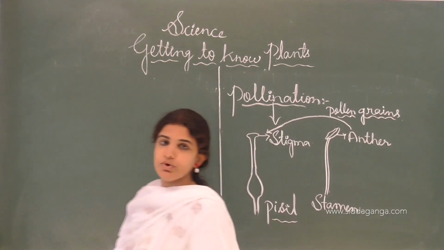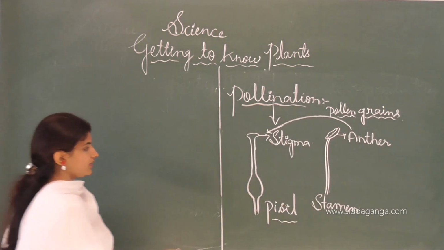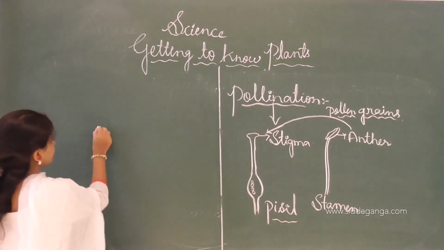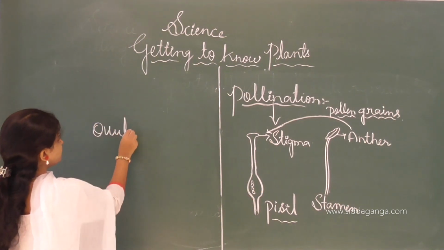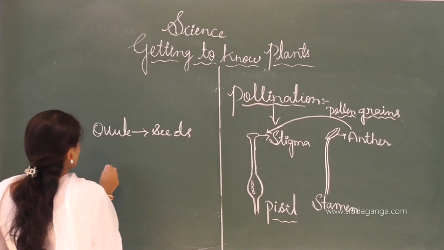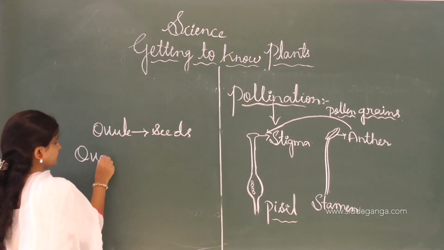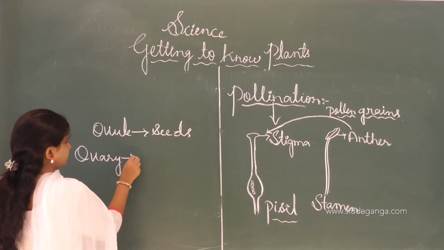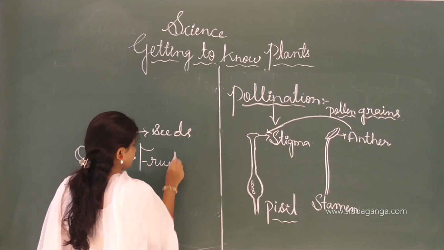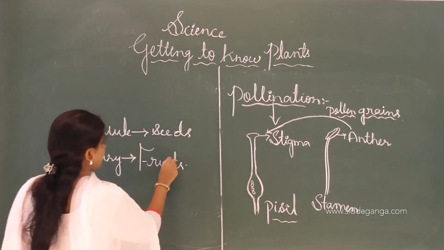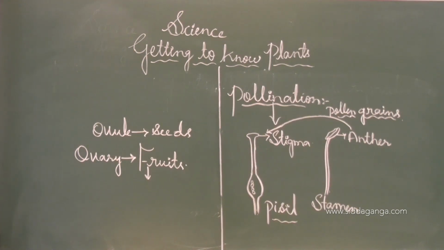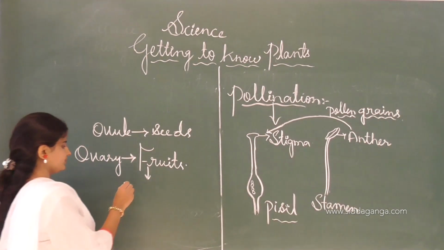See, in the pollination process, the ovules will mature to form the seeds, and the ovary grows into the fruit, and this fruit will later fall on the ground after maturing in the flower.